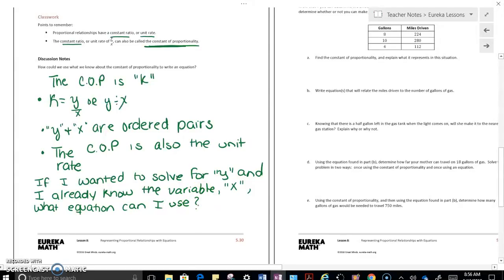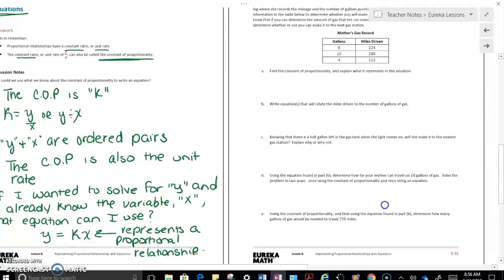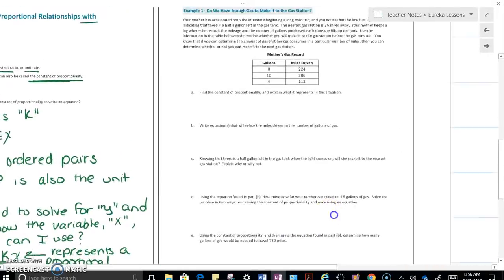Well, I want to solve for y, so that means it has to equal y, and I know the variable x. Then I need to multiply x by the variable k, which is our constant of proportionality. This right here represents a proportional relationship. Okay, so let's keep that. This equation is going to be the staple of our lesson today.